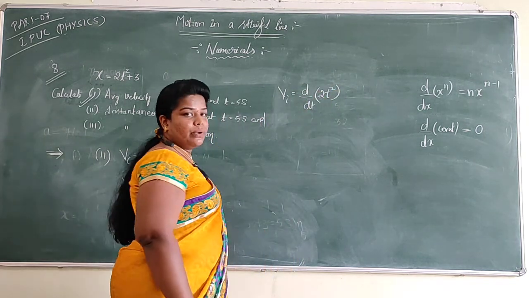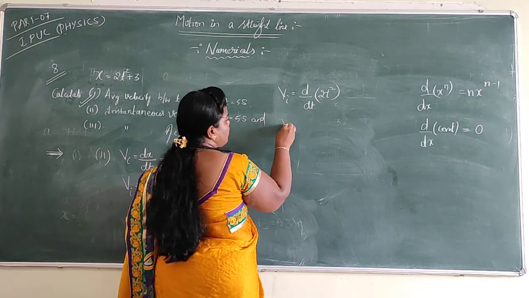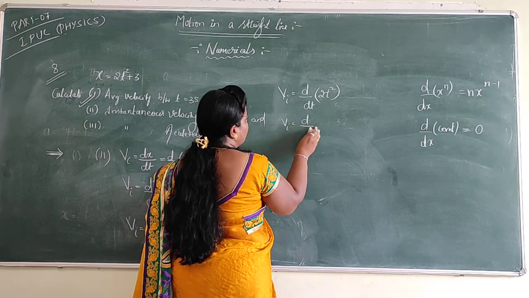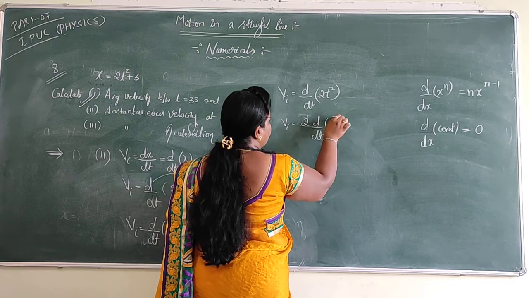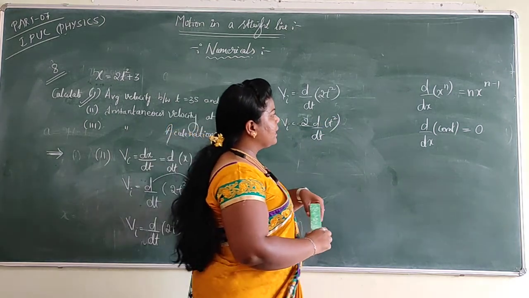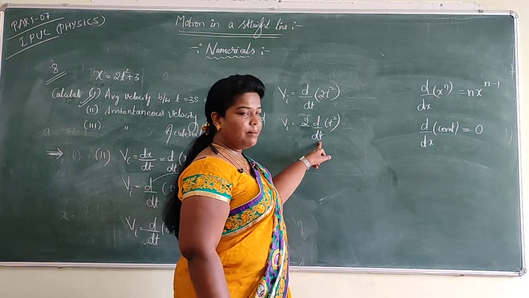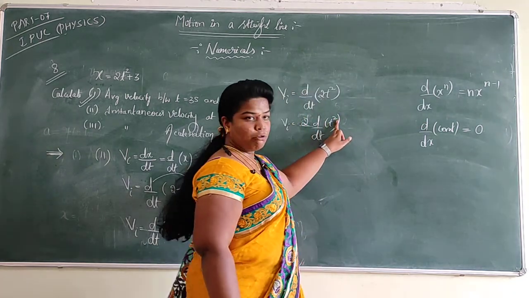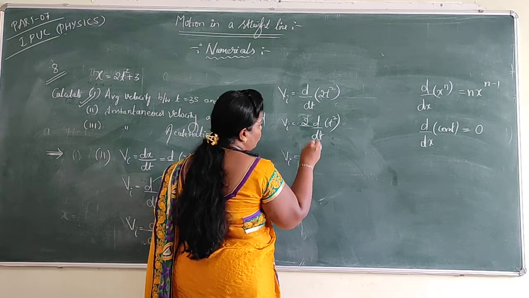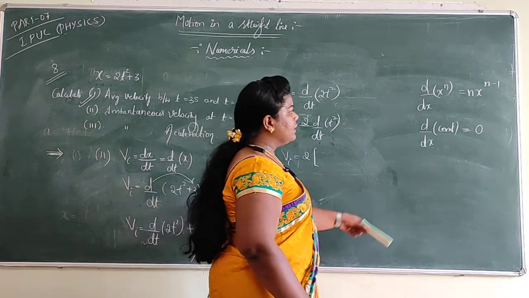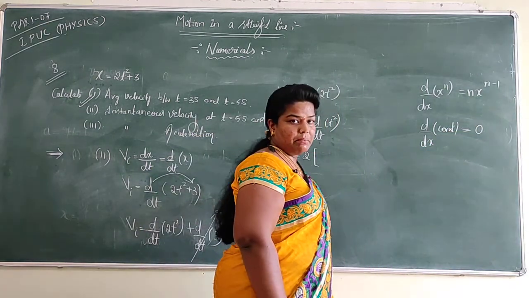Dear students, 2 is a constant, take it outside, so Vi is equal to 2 into d by dt of t square. You can observe that in place of x we have t and in place of n we have 2. Now let us use the formula n into x to the power of n minus 1.